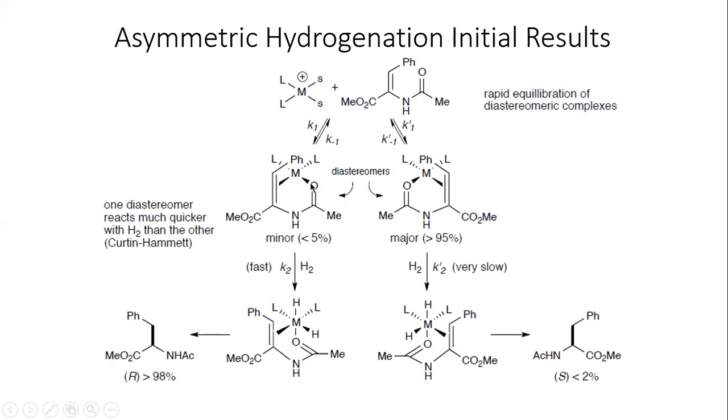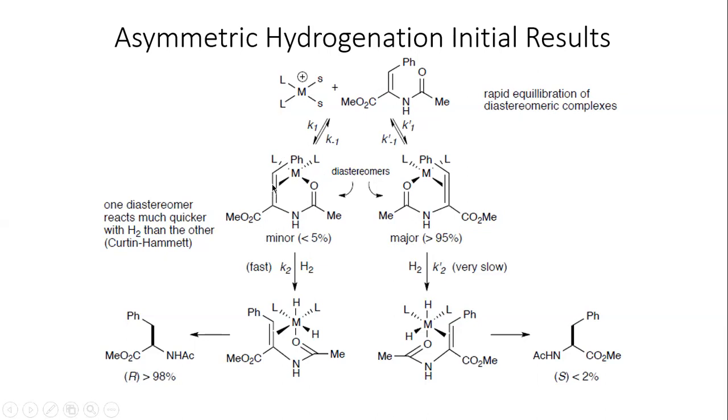So you can see the carbonyl can bind to this side, or it can be bound to this side in the metal, right? And notice this is the minor diastereomer. This complex is the minor complex, and this is the major complex, right? But because there's more than one step in the mechanism, you can have an energetically unfavorable complex.